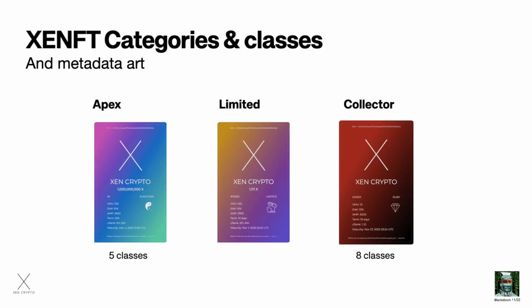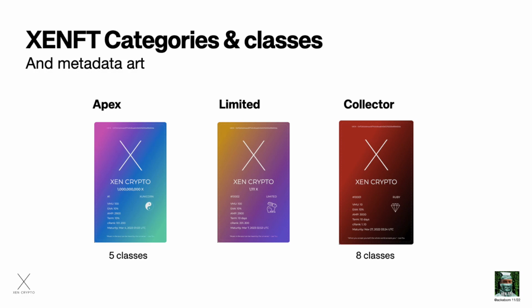NFT categories and classes. There will be 3 different categories of XENFTs, and those are Apex, Limited, and Collector. Apex will also be divided into 5 different classes, and Collector will be divided into 8 different classes. Each category and its class is bound with different conditions in order to acquire them. It's our belief that the value of these NFTs will be determined by both their utility and their rarity, which will be specific to each category and class.